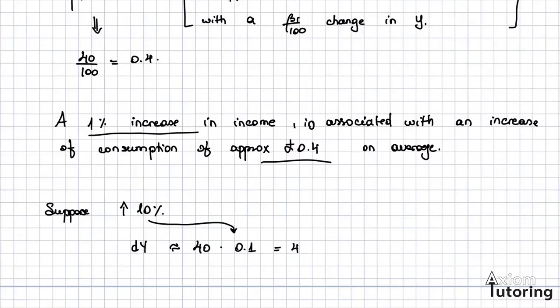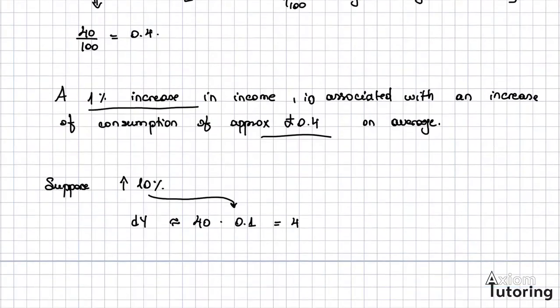This is something very normal, especially in articles or books, because sometimes the numbers are so small that they don't give you an economic meaning or understanding of the situation. So it might be easier to say that if my income increases by 10%, then my consumption increases by 4 pounds.